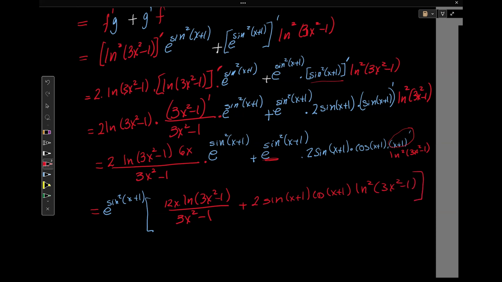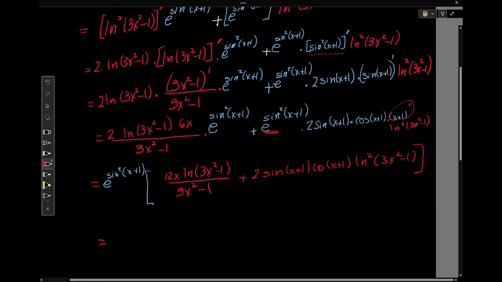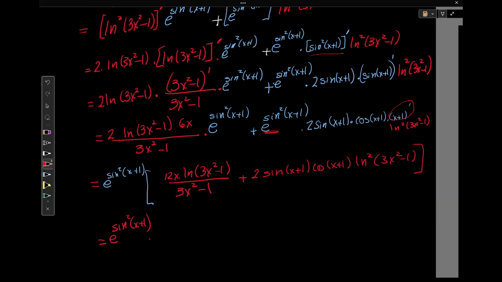So I can still factor out an ln. So e to the sine squared of x plus 1 times the ln 3x squared minus 1 brackets. This goes out. So I have 12x over 3x squared minus 1.